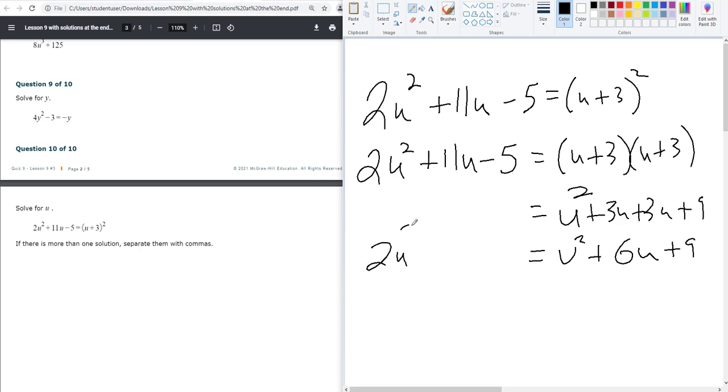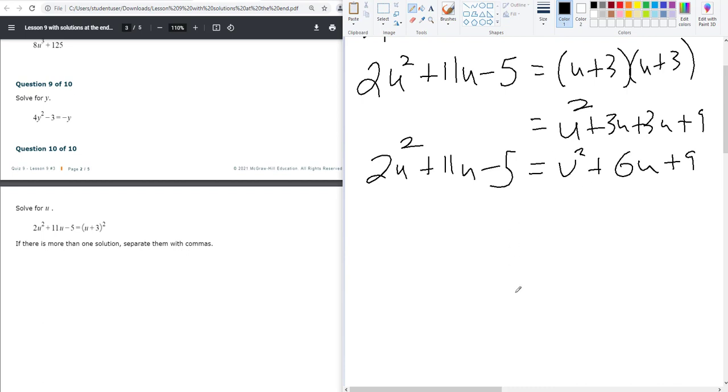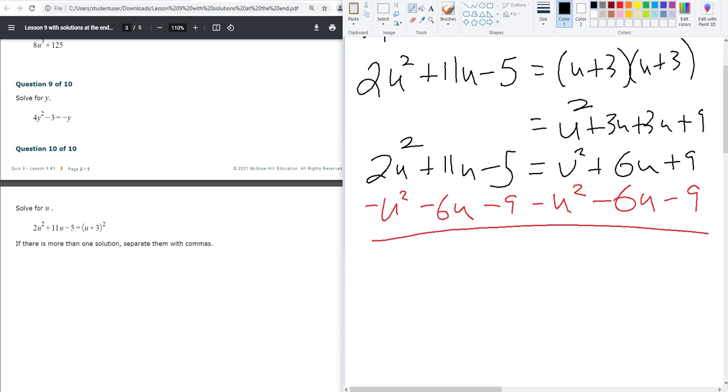And now I've got 2u squared plus 11u minus 5 still on this side. Now to get it equal to 0, I need to move the u squared, so I'm going to minus a u squared. I need to move the 6u, so I'm going to minus a 6u, and I need to move the 9, so I'm going to minus a 9, and notice how I did it to both sides.